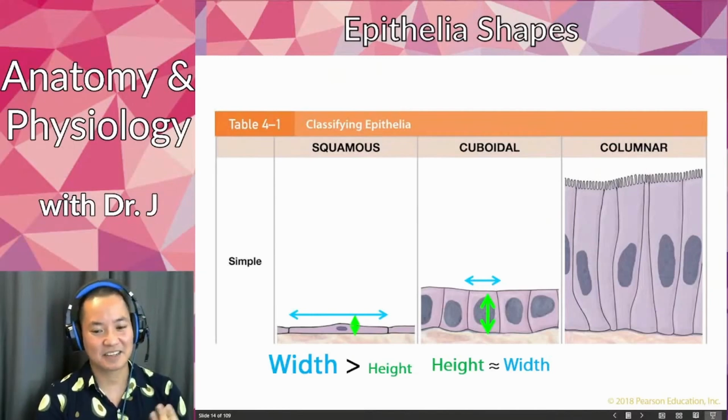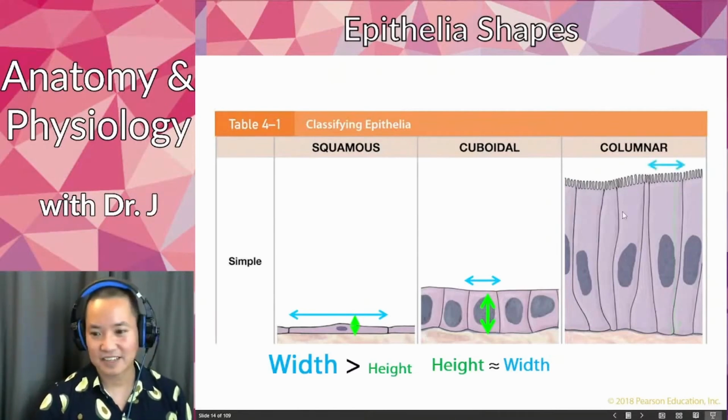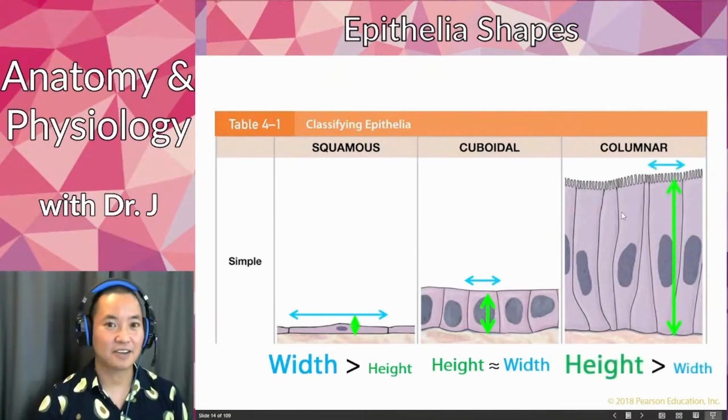Even so, I use this loosely, because it doesn't have to be exactly the same width, height, and length; it just means none of the dimensions are massively out of proportion compared to the others. And columnar, just like a column in a building, they're very tall but not too wide. So if it's about the same, it's cuboidal, but if it's flatter, it's squamous. If it's taller, it's columnar.